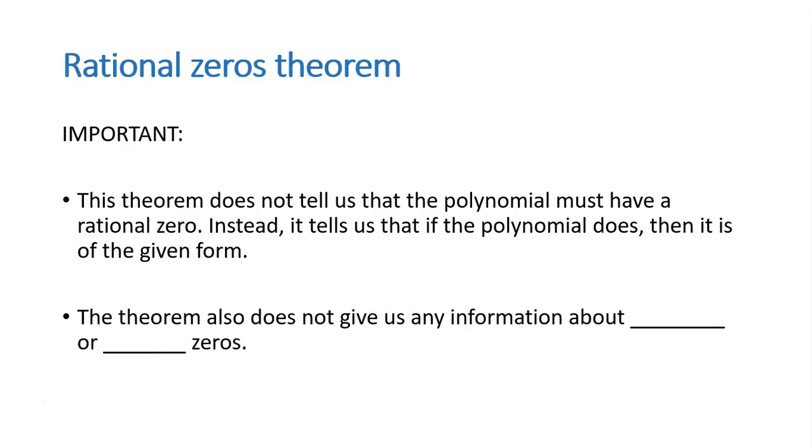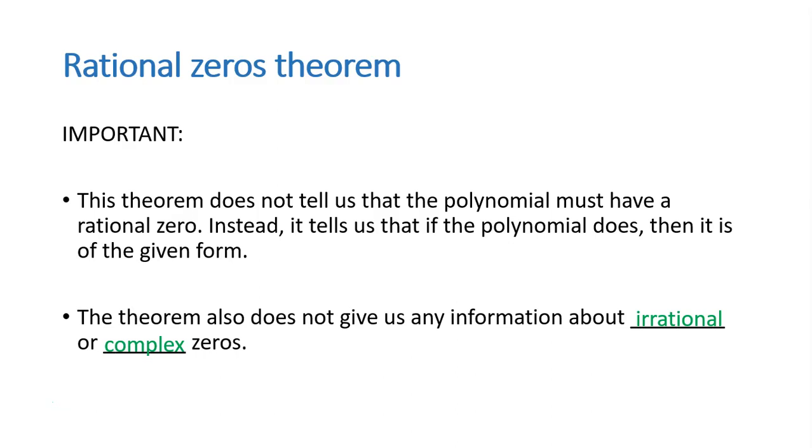Also, the theorem does not give us any information about irrational or complex zeros. Remember, we checked some of those kinds of numbers using synthetic division, so we know we can use synthetic division to check them. However, the rational zeros theorem doesn't give us any information about what kinds of irrational or complex numbers might work.